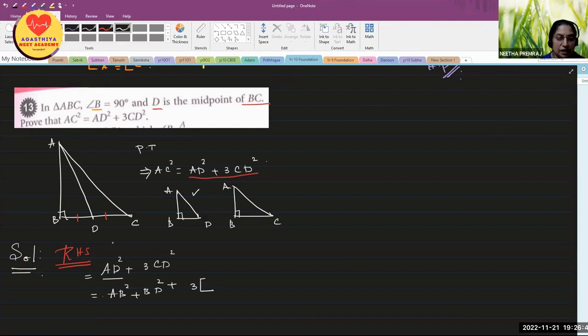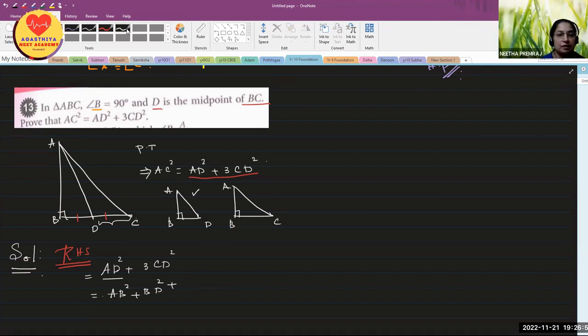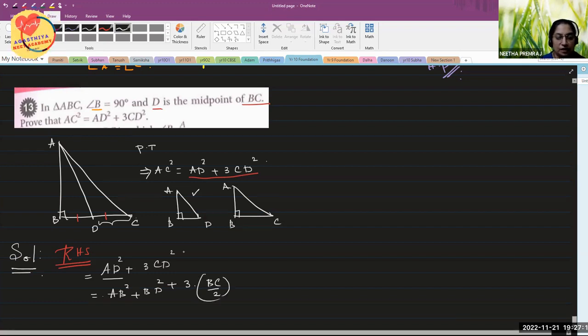Instead of CD, I write BC minus BD. Can I write like this? No need. I write it this way. This will be easier. See what I do. CD is half of BC, isn't it? Because D is midpoint, CD is half of BC. So I can write BC by 2 the whole square, isn't it, guys?